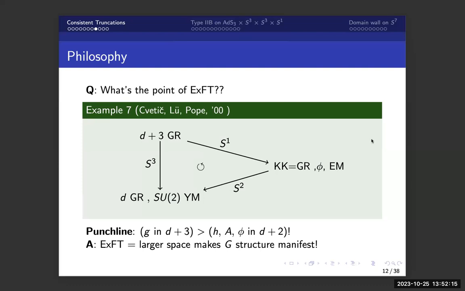Exceptional field theory takes the fields of type II supergravity and 11D supergravity and reorganizes them into some larger geometrical spaces, which are the place where the G structures that define consistent truncations naturally live. And so it makes it possible to understand what symmetry principles are behind these consistent truncations.